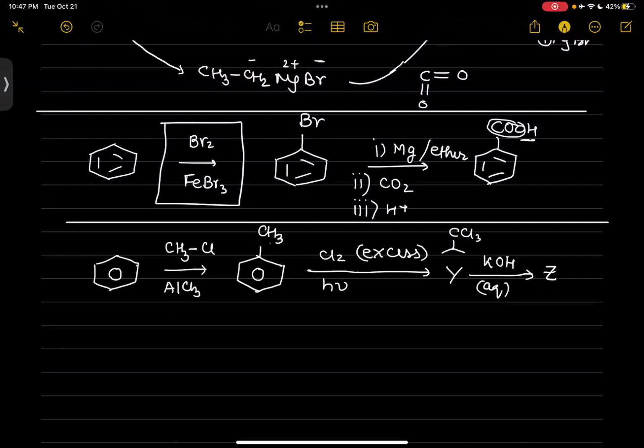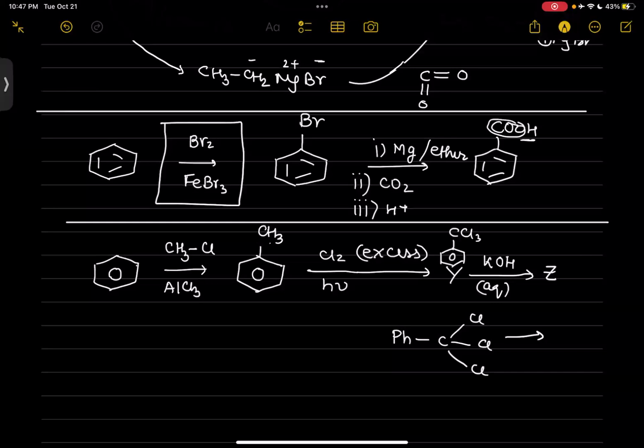Got it? Trichloro, it is going to be like this: benzene ring with Cl, Cl and Cl.